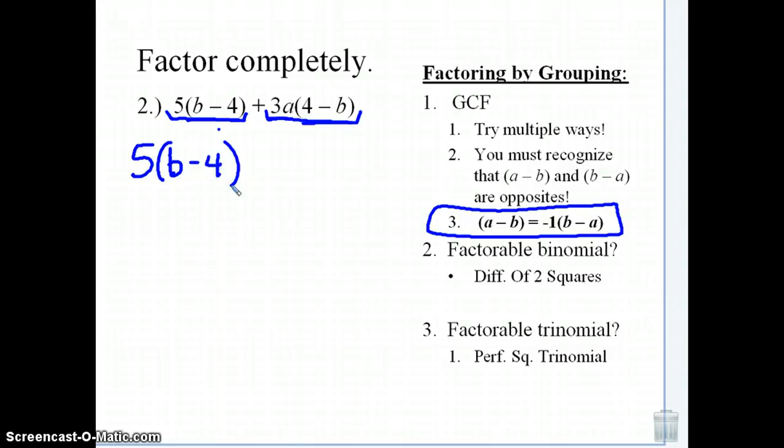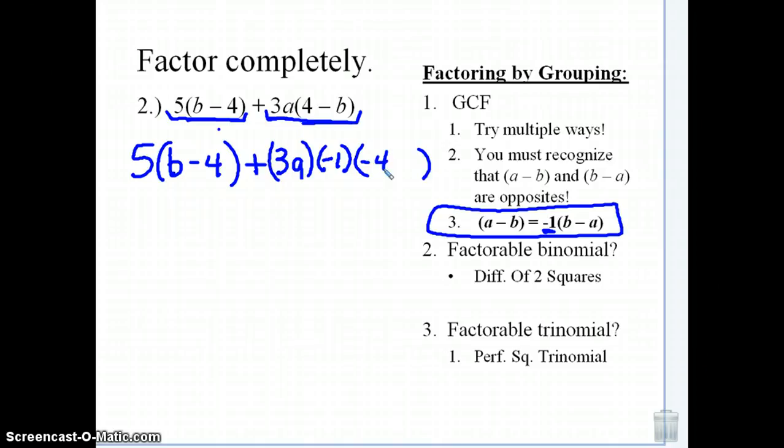I want to move this one around. I'm going to copy down the plus. I'm going to copy the 3a. I'm going to put parentheses around it. And then I have to factor out a -1. When I pull the -1 out, positive 4 becomes -4.